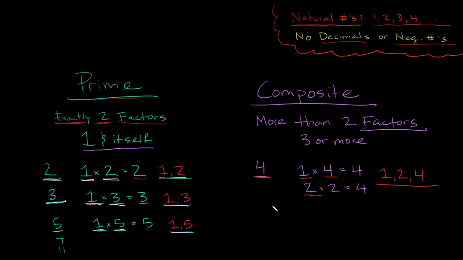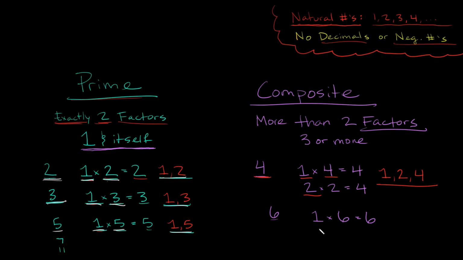Another example of a composite number would be the number 6. Why is the number 6 composite? What numbers can we multiply together to get 6? Again, we can always start with 1 times itself. So 1 times 6 equals 6. But what other numbers can we multiply together to get 6?